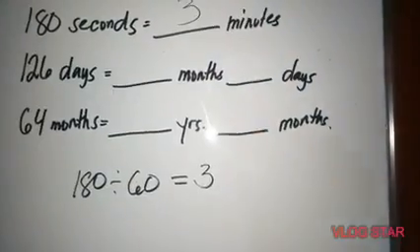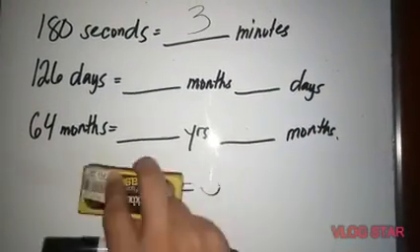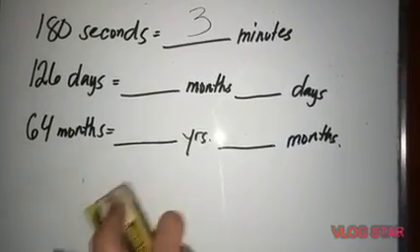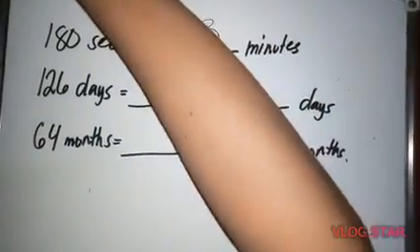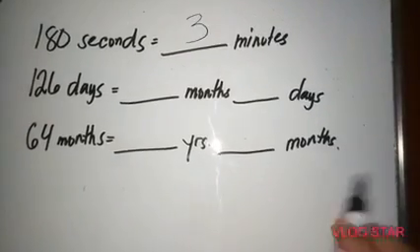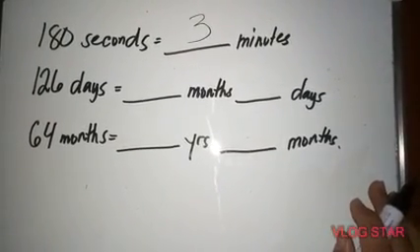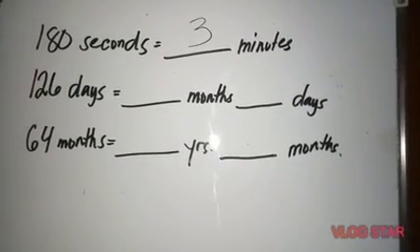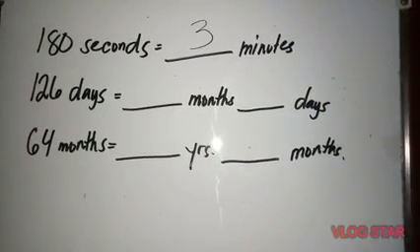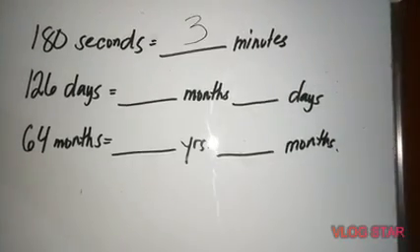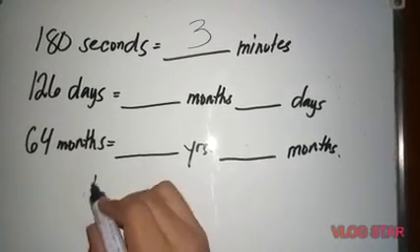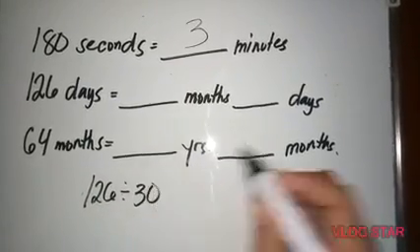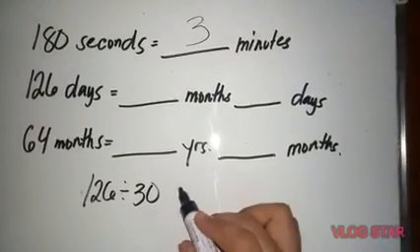Next is 126 days to months and days. How many months are there in 126 days, and how many days are left? Since in 1 month there are 30 days, we can divide 126 by 30 to get the number of months.